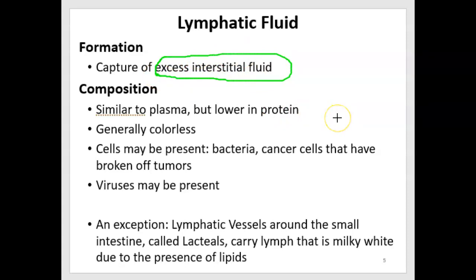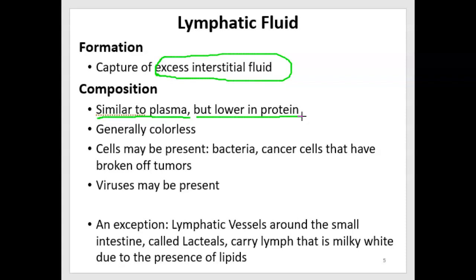The lymphatic fluid is this interstitial fluid, but once it enters a lymphatic vessel, we call it lymphatic fluid or lymph. And therefore it's similar to plasma, just a little bit lower in protein though, because many plasma proteins do not escape the blood. They stay in the blood.